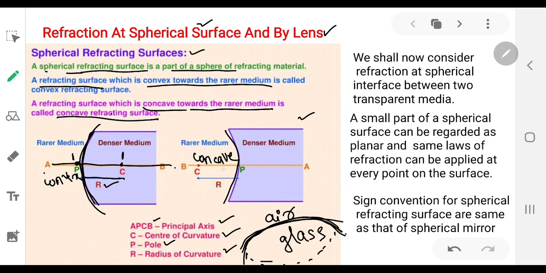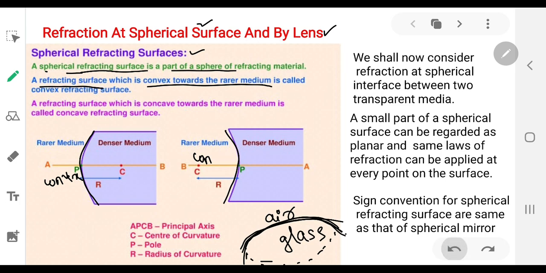Now when you take a small part of a spherical refracting surface, it is almost considered as planar.